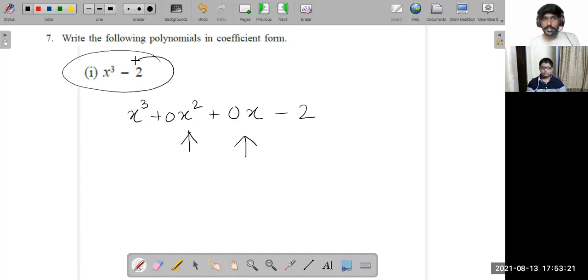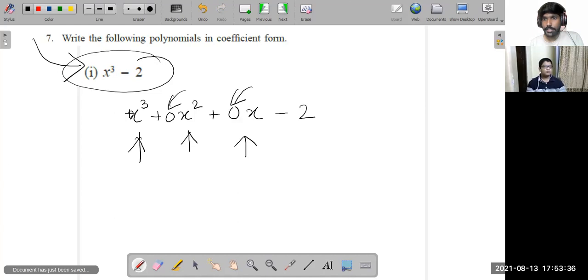That is why the coefficients are 0. Understood this? But the x cube term is present here. It is there, but you cannot see any number in front of it. So when you cannot see any number in front of it, you should understand that it is 1.